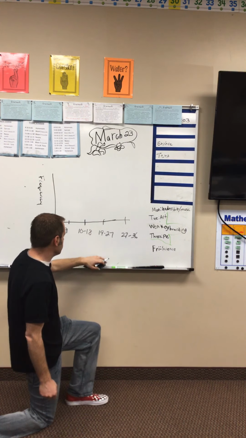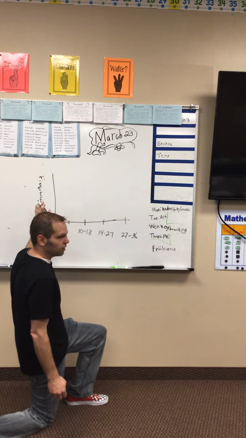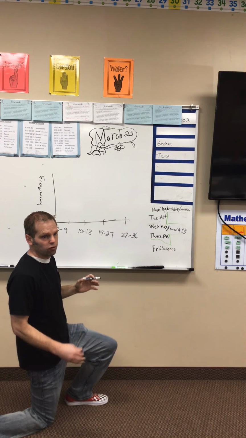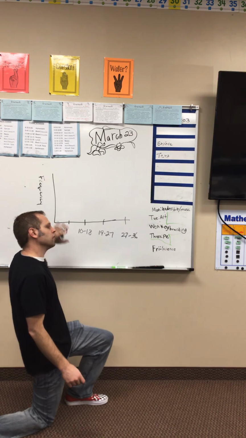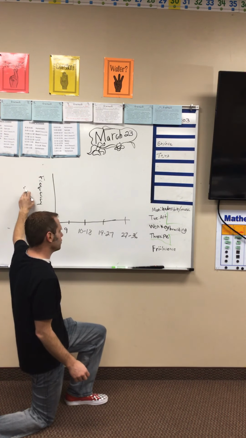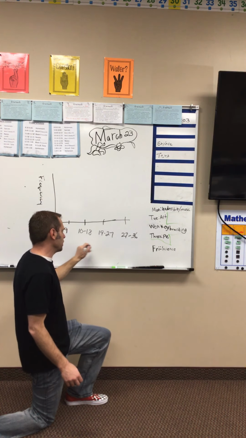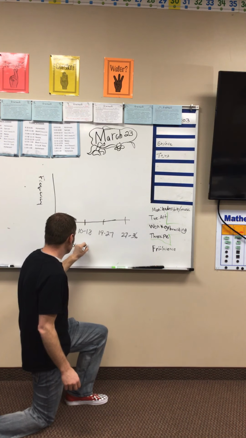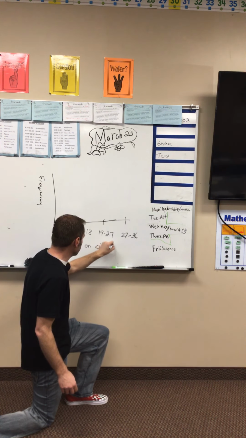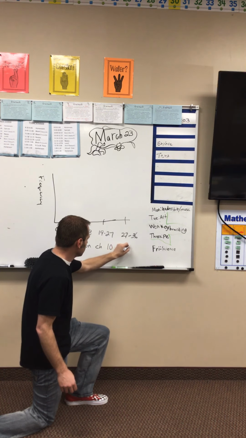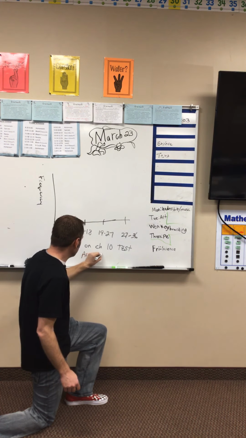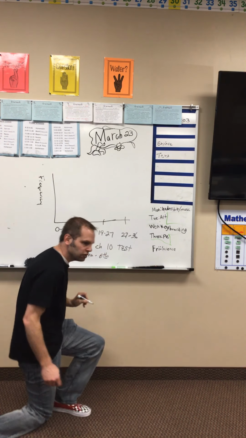The other thing I want to do when I do my histogram, or any graph or plot for that case, is make sure you label everything. So y-axis was frequency, x-axis is going to be scores on the Chapter 10 test, and I'm just going to put area and 6, meaning sixth grade.